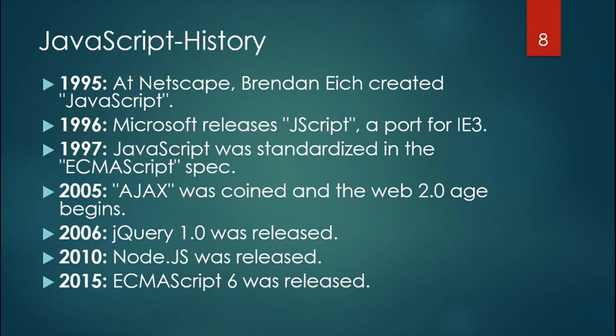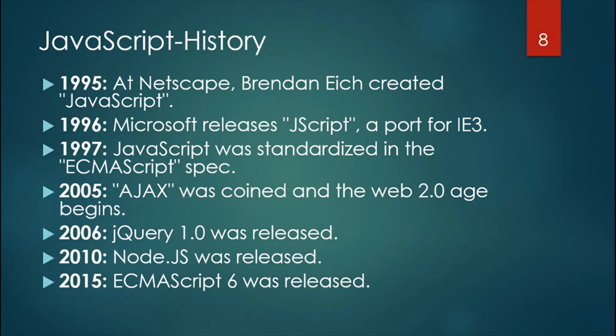So this is some of the timeline, and now ECMAScript has been released. So this is the JavaScript history, or you can just go and check the JavaScript history on Google as well.